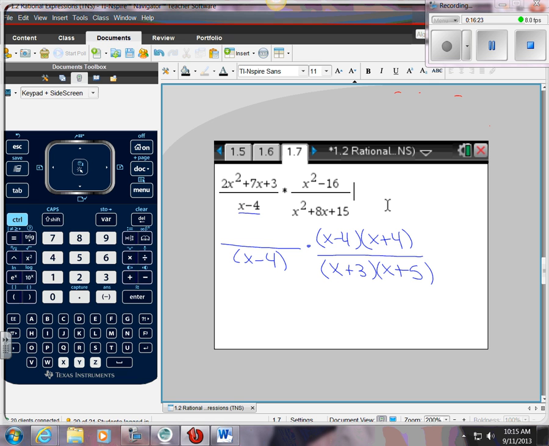Any GCF? So I know I have to have 2x and x. My sign's going to be the same or different? What are they both going to be? So that makes it a little bit easier, right? We don't have to worry about that. All right, what do these two numbers on the end have to equal when you multiply them?